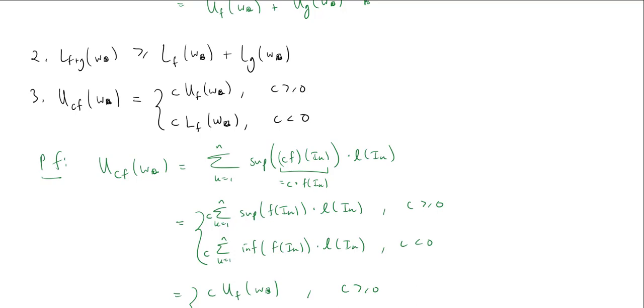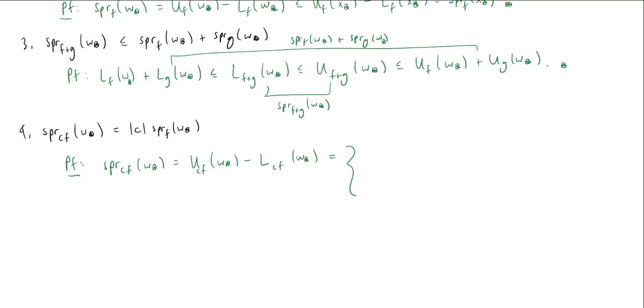When you had UCF, you just make it C UF. So I can make this C UF of W, and similarly with the lower sum, we pull the C out. So this is when C is greater than or equal to 0.